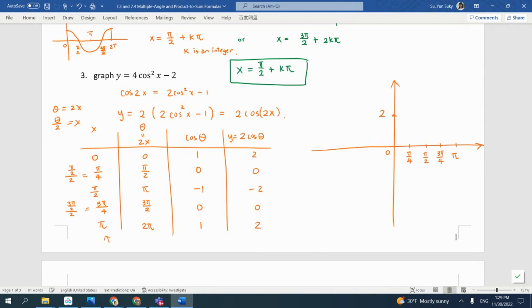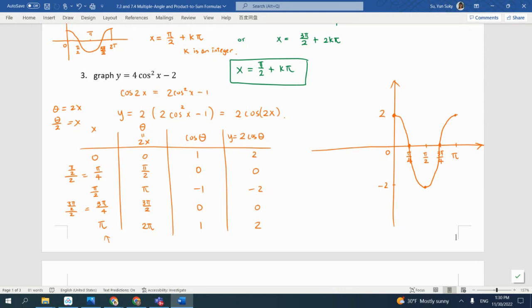Here, 2. When x is pi over 4, my y is 0. And when x is pi over 2, we get -2. And then at 3 pi over 4, we get 0. At pi, we have 2. So connect them smoothly. This is the graph.